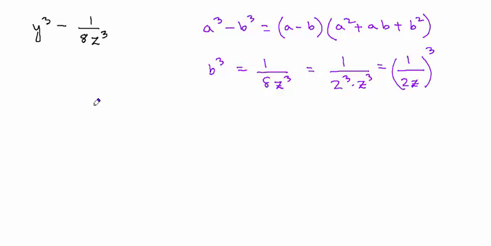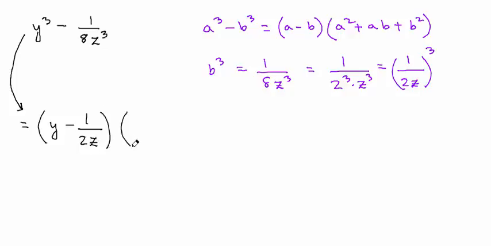Let's just apply the formula now. So this is going to be equal to a minus b, a is y, minus 1 over 2z, which in this case is b, times a squared, which is y squared, plus a times b, y times 1 over 2z, plus b squared, plus, now what's 1 over 2z squared?